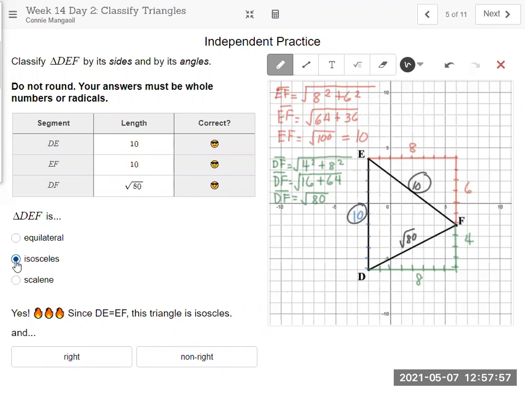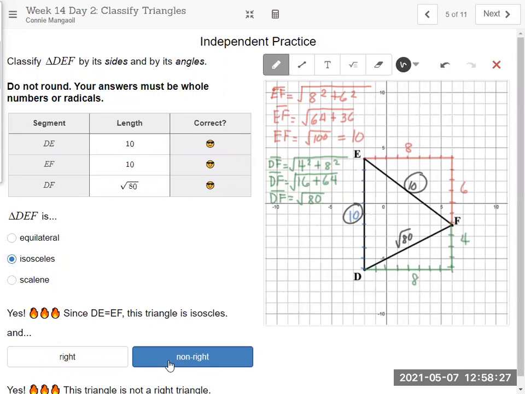So what's your longest side here? Which is longer, the 10 or the square root of 80? The 10, because 10 is basically square root of 100. So it's like you are comparing square root of 100 and square root of 80, right? And 100 is greater. How many 10s do we have? We have 2 of them. Right? And as I was saying, you cannot have 2 longest sides. So this one would be a non-right triangle.